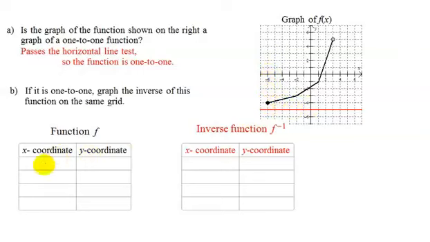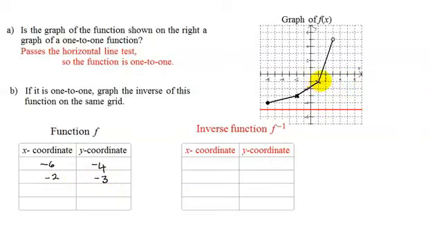-6, -4. So that's the point -6, -4. Let me take the next point. This is where it changes direction a little bit. If I look at that point right here, let me put a little X there if I can draw one in. It is at the point -2, -3. And then I have the point here.